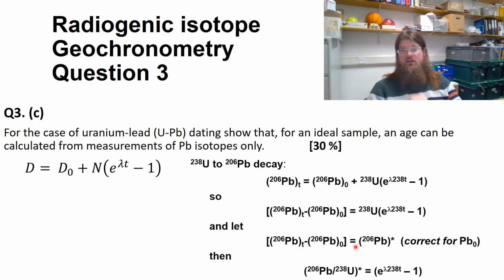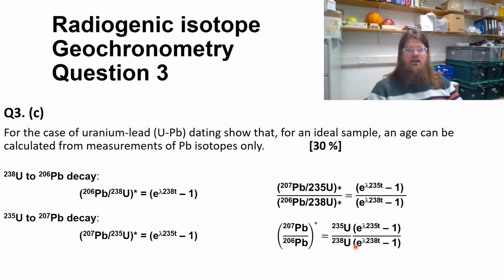The important thing to answer this question is that you have to remember that in the uranium-lead system there are two decay chains. There's uranium-238 that decays to lead-206, but there's also uranium-235, another isotope of uranium that exists in the Earth and the universe more widely, which constantly decays to form a different isotope of lead, lead-207.